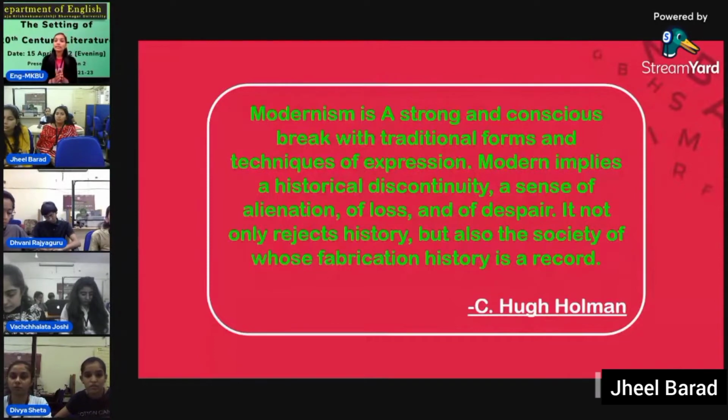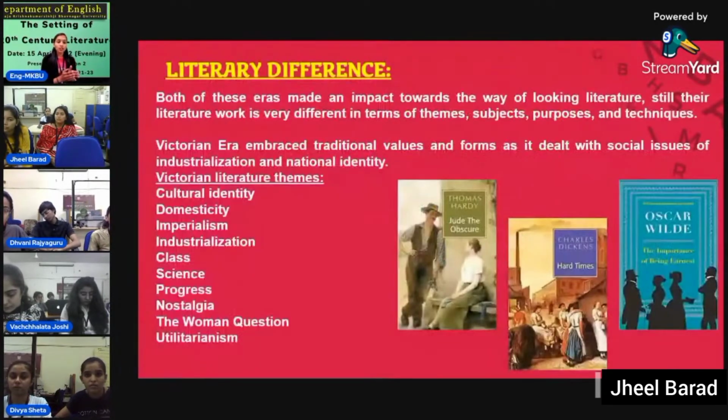Now, looking at the literary difference. The Victorian age and the modern age have both made an impact, making people look towards literature in a different way. But still, there is very much difference in their themes, subjects, purposes of writing, and techniques. In the Victorian era, literature was written about the upper social class, talking about the economy.